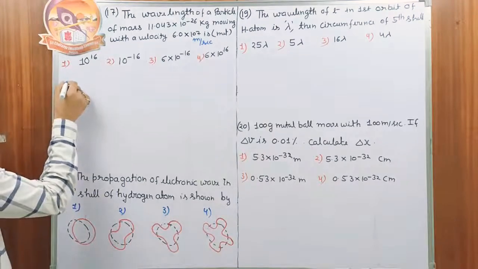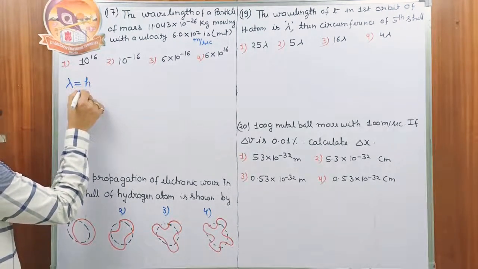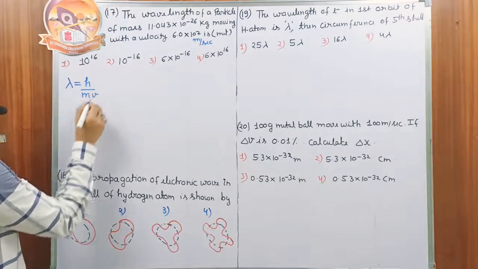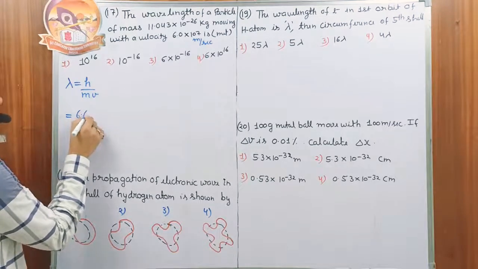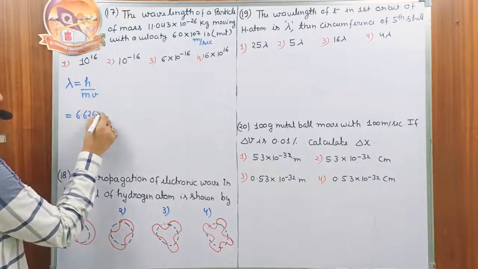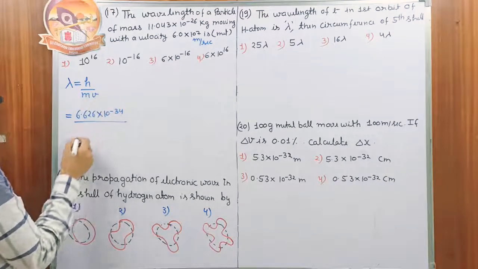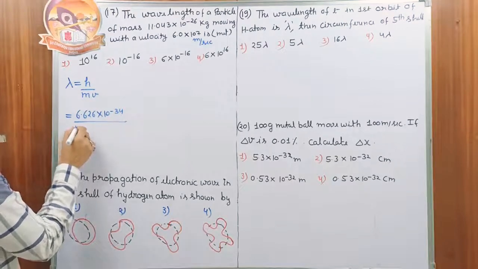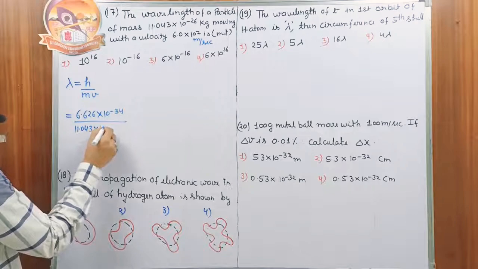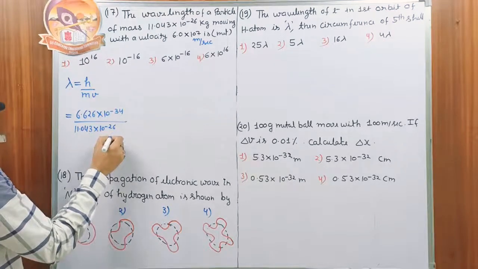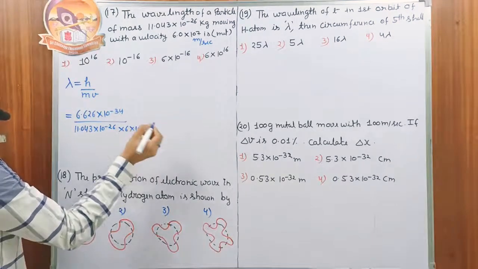So we know that the de Broglie wavelength lambda is equal to h upon mv. Here the h value we know, Planck's constant 6.626 into 10 is power minus 34, divided by m. M is given as 11.043 into 10 is power minus 26 kg. Velocity 6 into 10 is power 7.